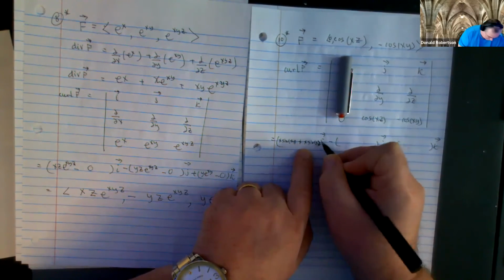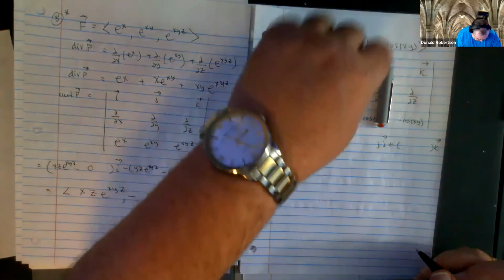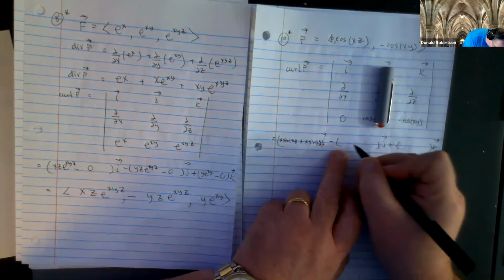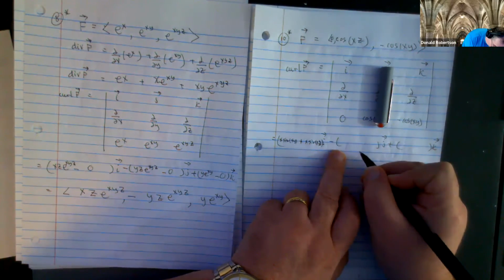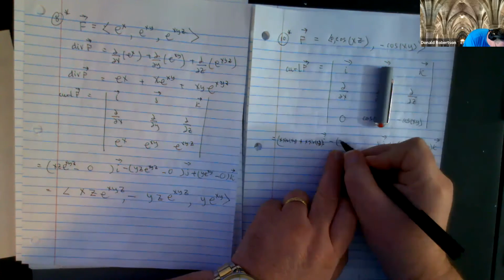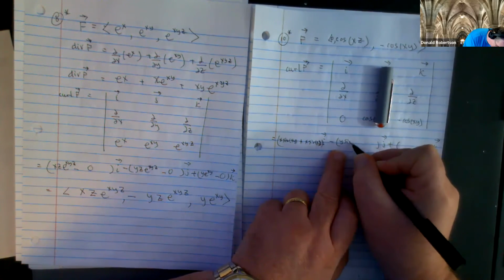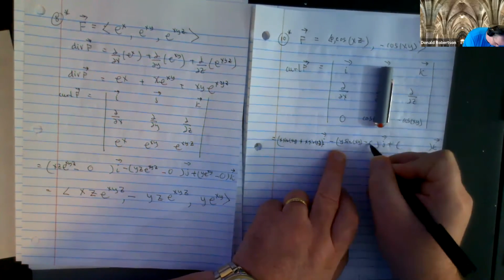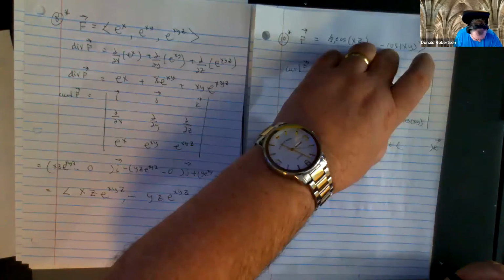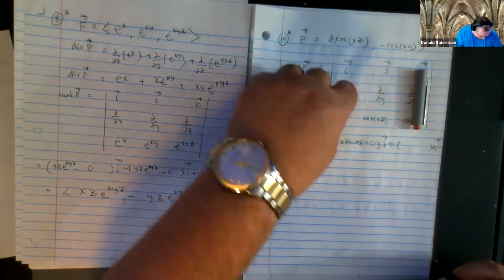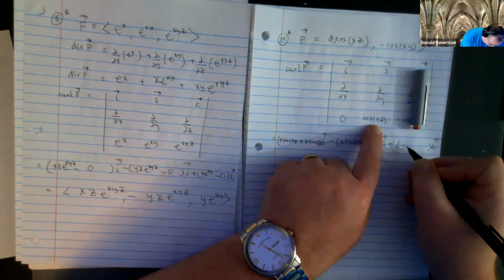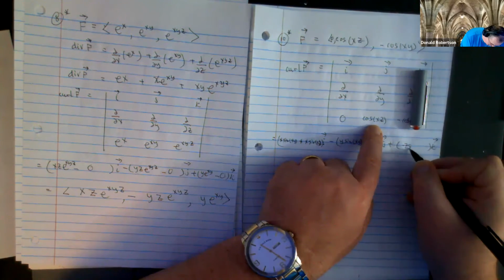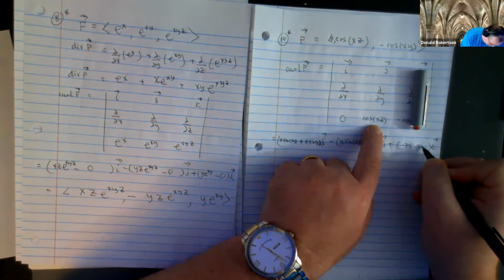Ugh, messy. Middle one. This guy is going to give you a positive sine of xy times an extra y. So y sine of xy. Take away nothing. And the last one's going to give you a negative z sine of xz. Take away nothing.